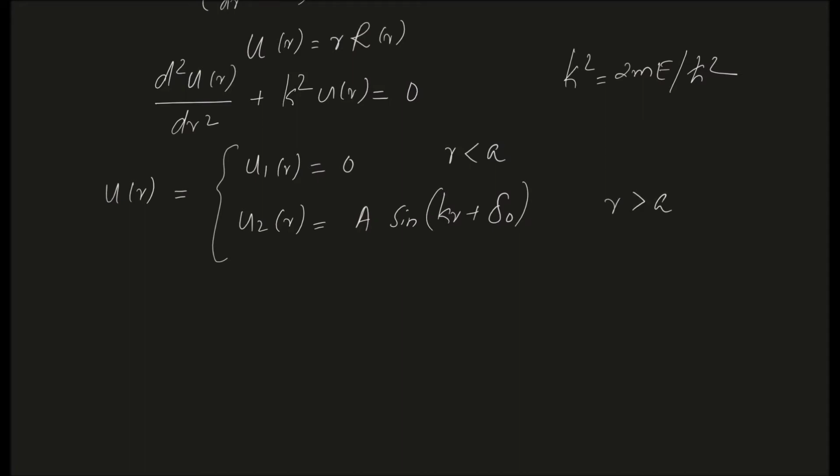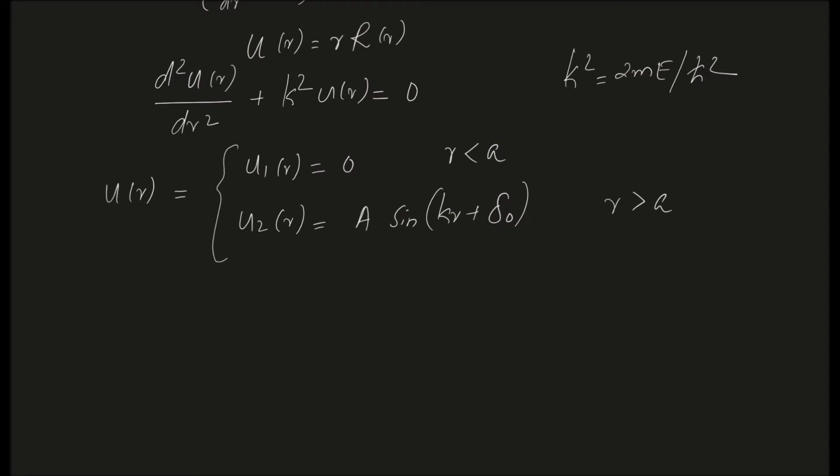So we have obtained two solutions for two different values of the position vector: u1 for r less than a and u2 for r greater than a. Now we have introduced a phase shift δ0 as we have seen in the partial wave analysis, and this tells you the degree to which the scattered wave function differs from the incident wave.